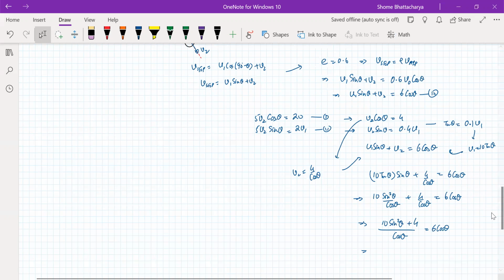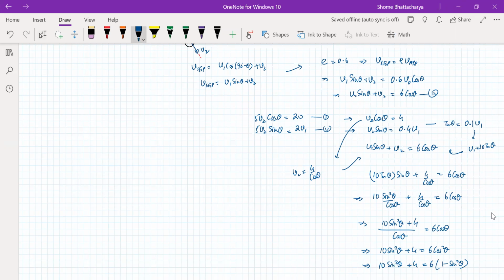So we can just cross multiply. And then we can substitute cos square theta as 1 minus sin square theta. So this will now directly give us the value of sin theta.